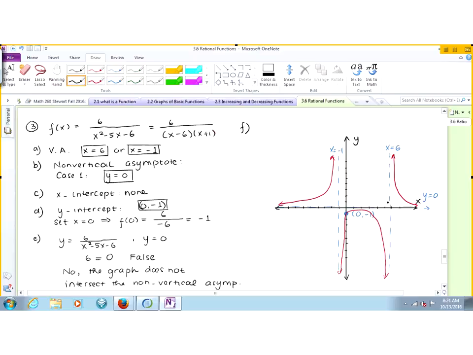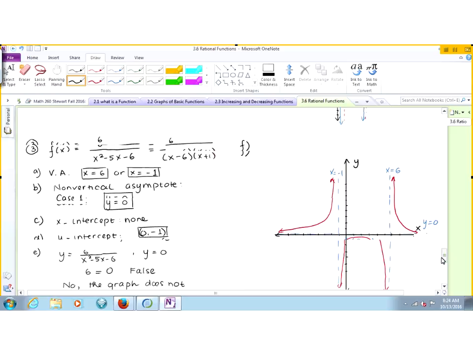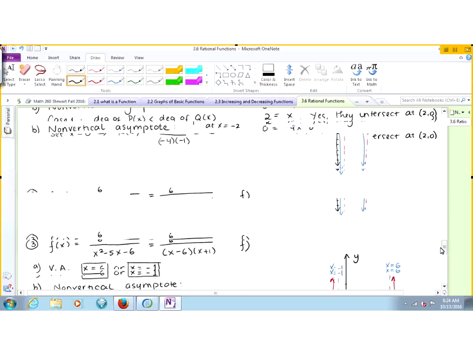Negative infinity to -1, -1 to 6, 6 to infinity. Right? What is the range? Negative infinity to 0, union 0 to infinity. Right? Okay. It would be -1. No, because this one is higher. Oh, it's a point.